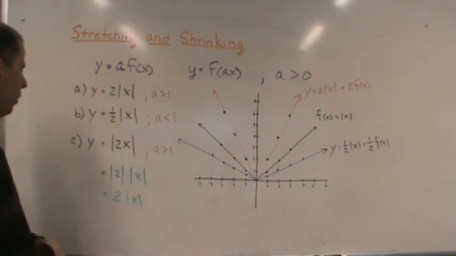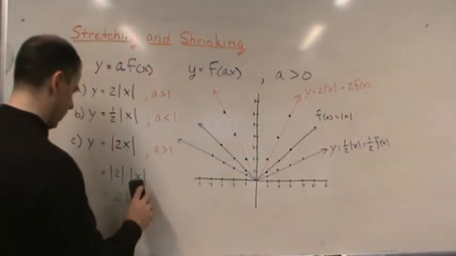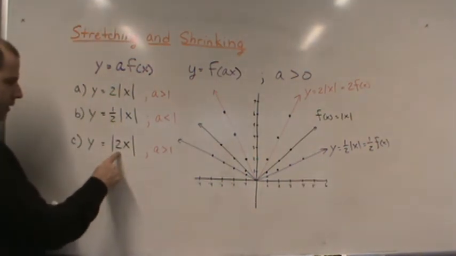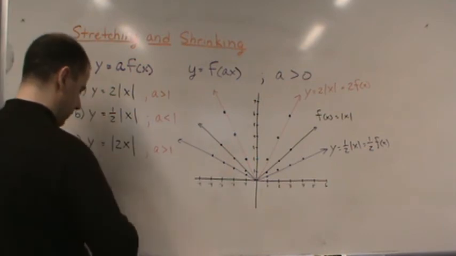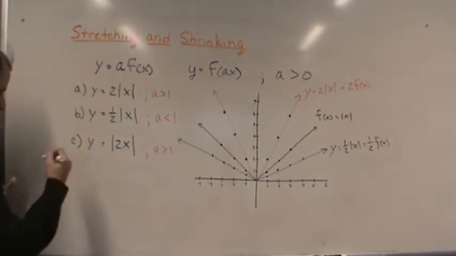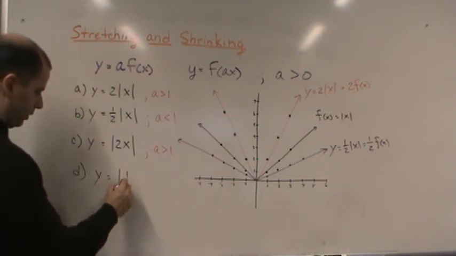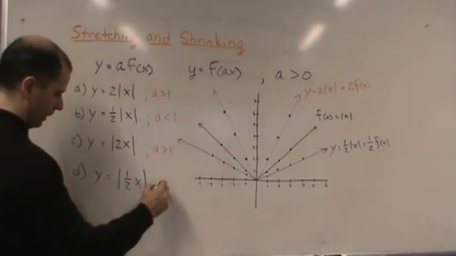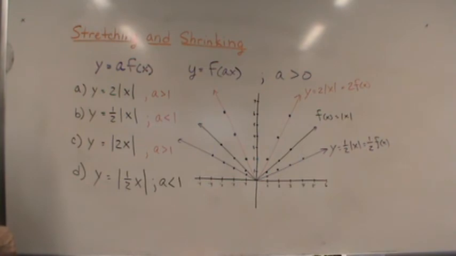Okay, so we get the same graph, but for different reasons, if you will. So now here's the thing. What if we made a less than 1? So let me just throw this up here. What if we do y equals 1/2 x and a is less than 1? Okay, notice something.